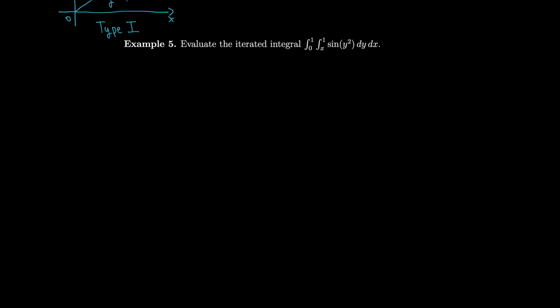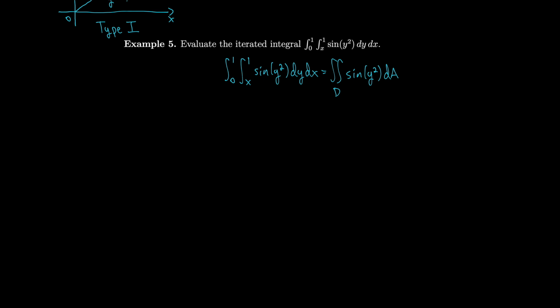We'll use Fubini and say that this iterated integral from 0 to 1 of the integral from x to 1 of sine of y squared dy dx is equal to the double integral over D of sine of y squared dA.